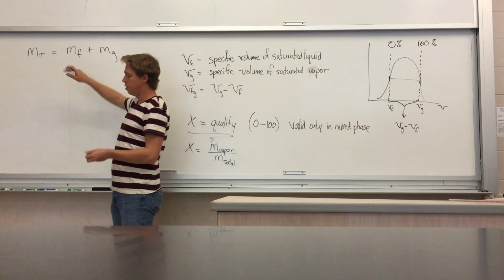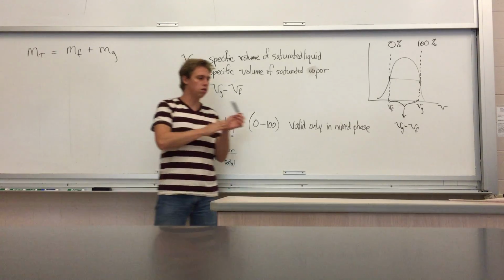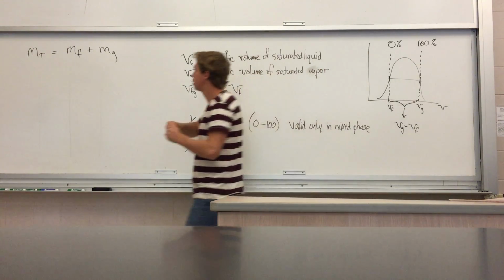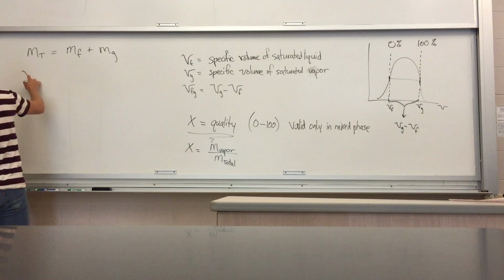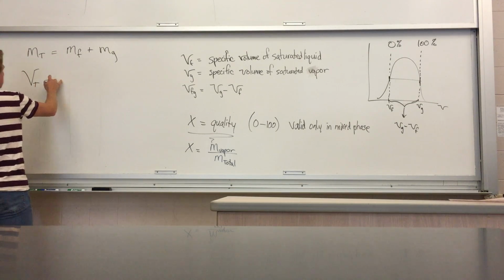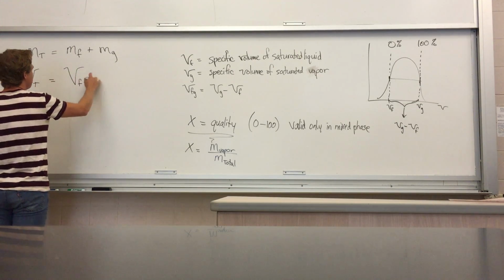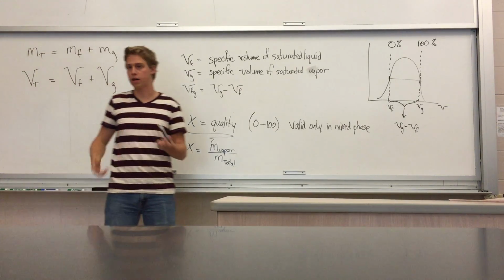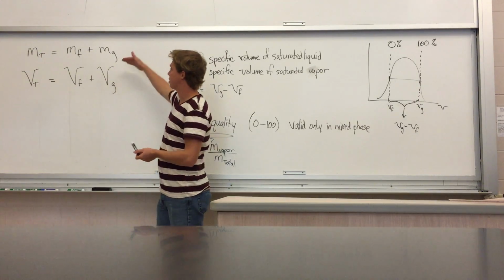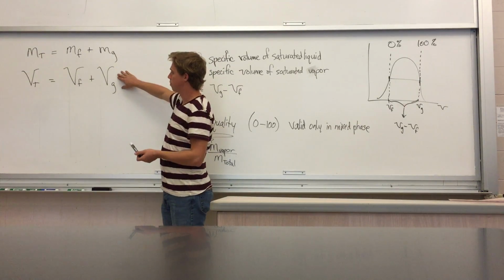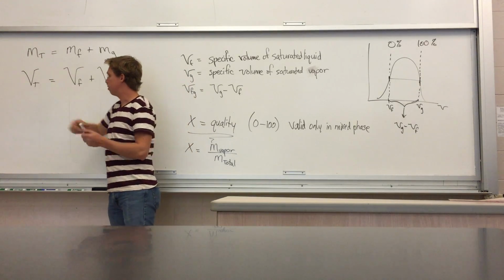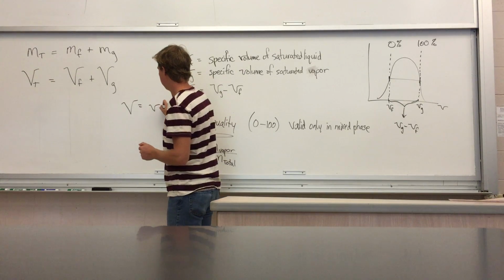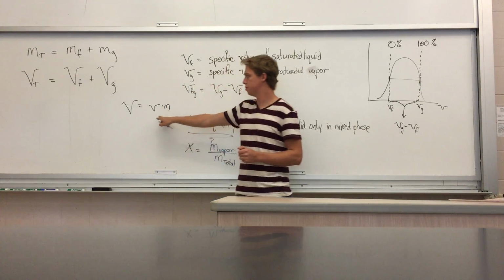And then I do know also that the volume, this is big V now, volume total, is going to be whatever the volume of the fluid plus the volume of the gas is. These are two obvious facts. But now I can start to substitute. So right here, I know that for a volume, big V, well that equals little v times the mass, right?